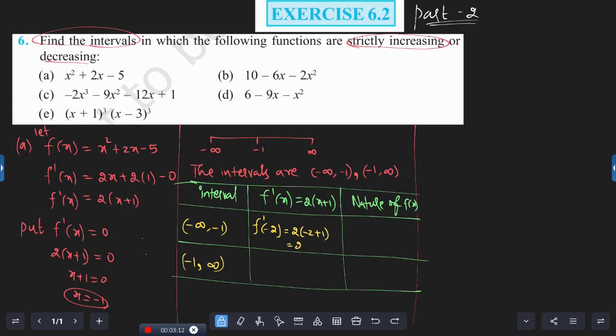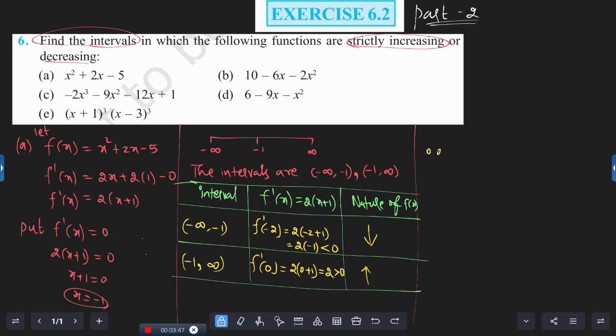Minus 2, that is less than 0, so decreasing. Next, between minus 1 and infinity, what easy number can we take? 0. So 2 into 0 plus 1 equals 2, that is greater than 0, so increasing. Increasing in the minus 1 to infinity interval, decreasing in the minus infinity to minus 1 interval.